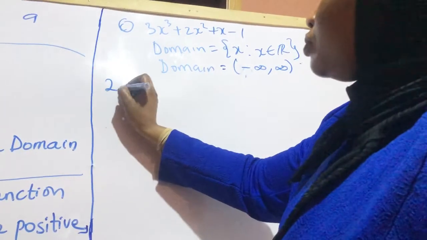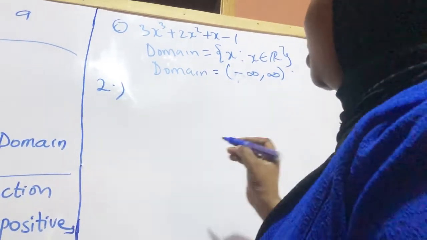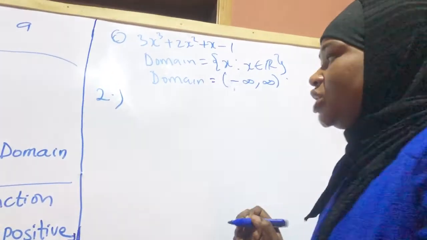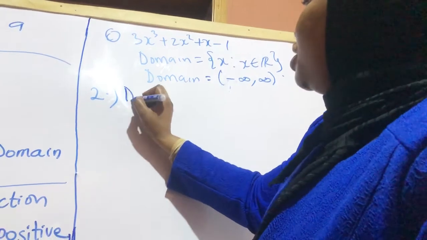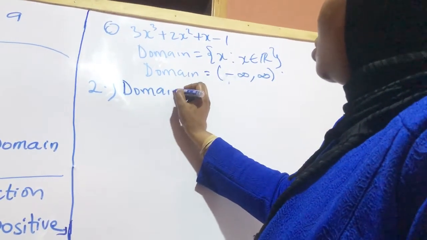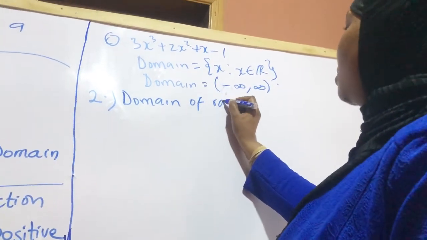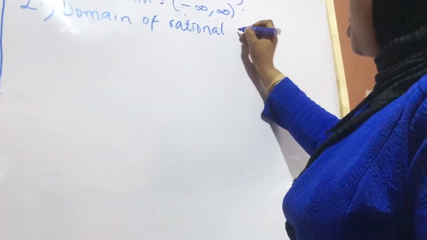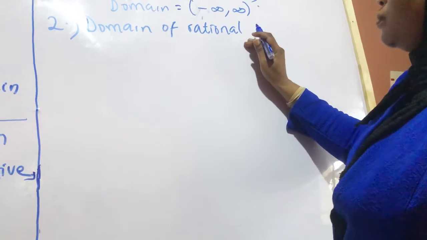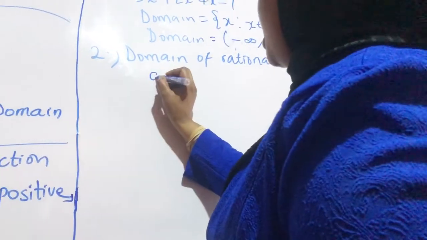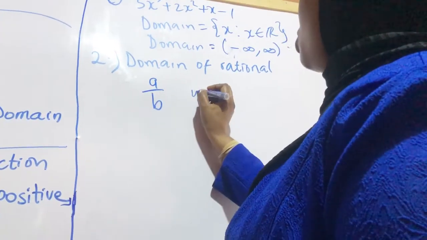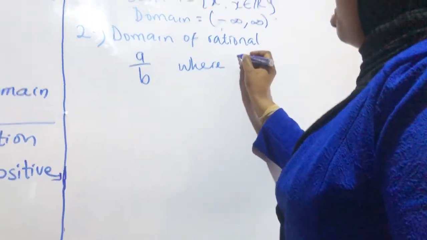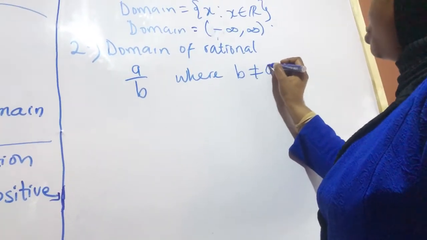2. If you want to find the domain of a rational function, the meaning of rational is any number that can be expressed as a fraction. So a divided by b, where b must not be equal to 0.